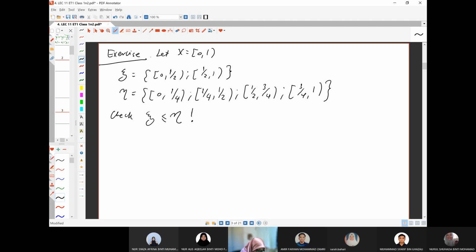So the elements of psi are less than the elements of eta because psi is the refinement, bukan, eta is the refinement of psi. Betul? Ya. Tak ingat dah? The refinement is the smaller one, right? Macam terbalik je. Psi lagi kecil?